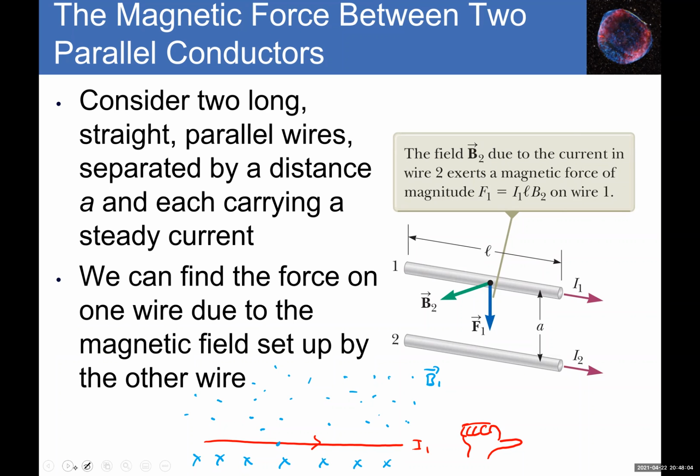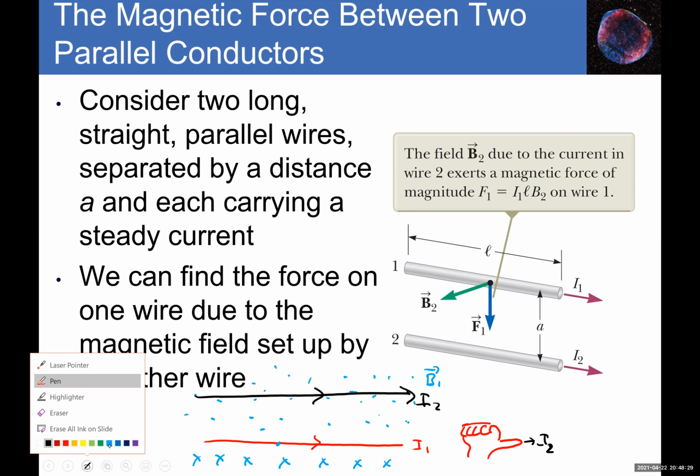But if I bring another wire, let's call this wire 2, and let's say it also has a current, current 2, also to the right. With the same right hand rule, if I curl my fingers with my thumb in the direction of I2, then my fingers will curl above I2 coming out of the page.